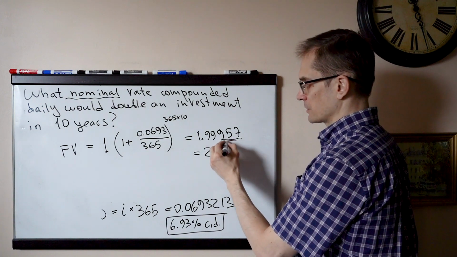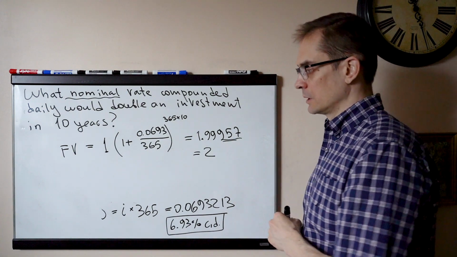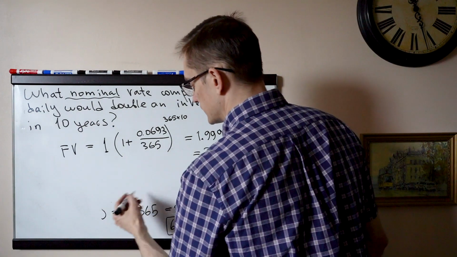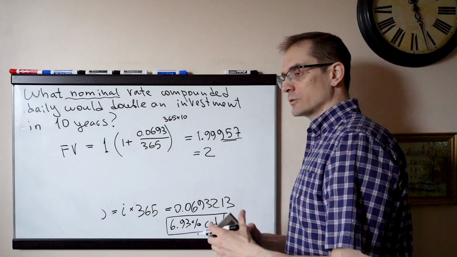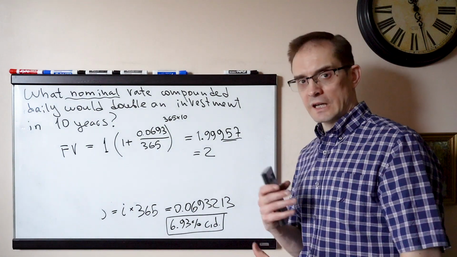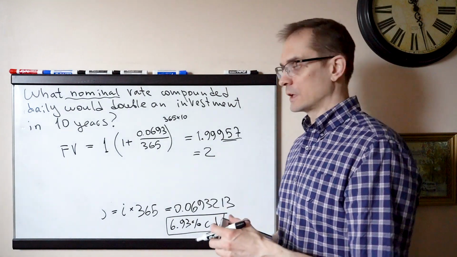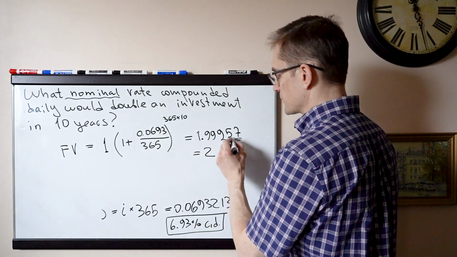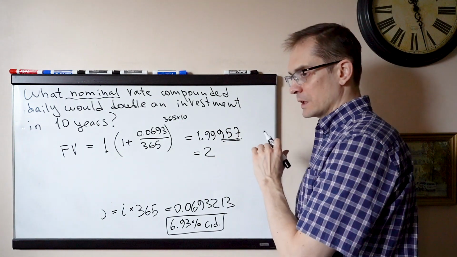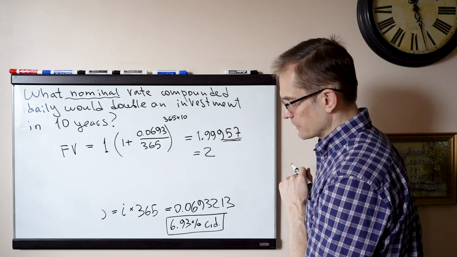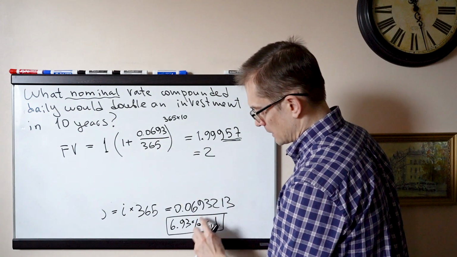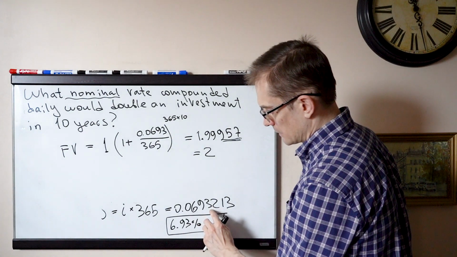There is of course a little bit of discrepancy, which is due to the fact that even though I didn't round any decimals in my calculator, because of those enormous exponents, even the calculator has to round internally in order to calculate. And this internal rounding resulted in some discrepancy. It always will be a little bit of discrepancy, but of course, not only that, I also rounded the final nominal rate, right?